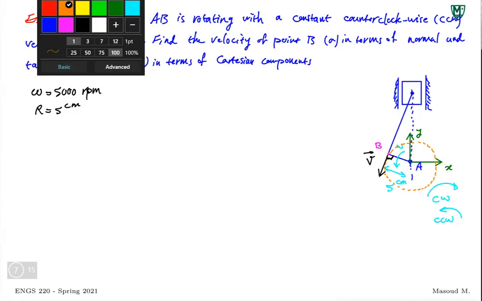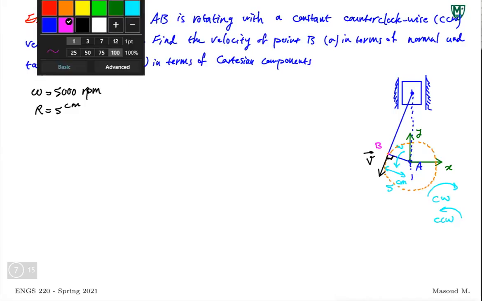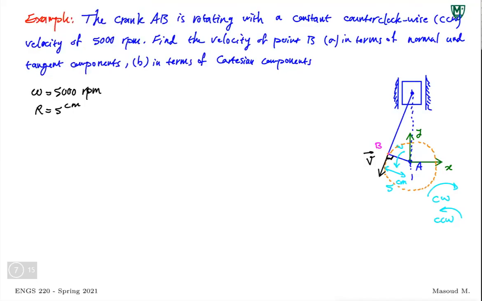I don't want to make it crowded there, but this would be e_t, and this would be e_n. Of course, I'm running out of color already. I don't know if I made it better or worse. Probably you're saying, yeah, you made it worse, Masood. But all right, so e_t and e_n.